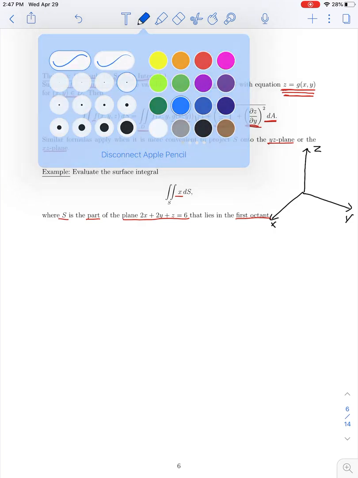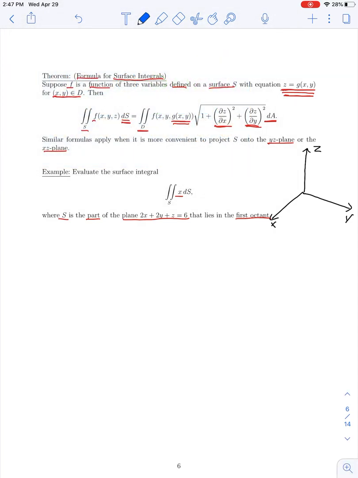And to visualize this plane, well, we could find its intercepts with the coordinate axes. So our x-intercept we would find by setting y and z equal to 0. We have 2x equals 6, so x would be 3. To find our y-intercept, we would set x and z equal to 0 in the equation of our plane, and we find that y is equal to 3.